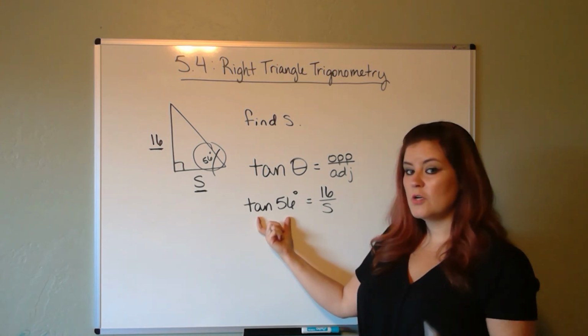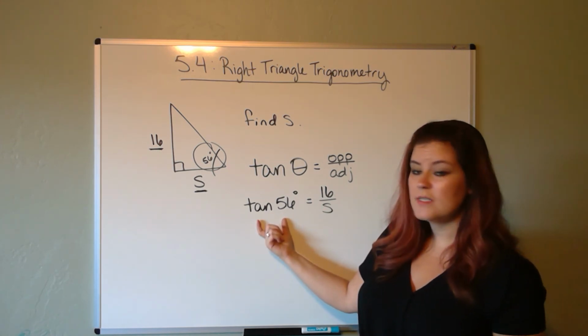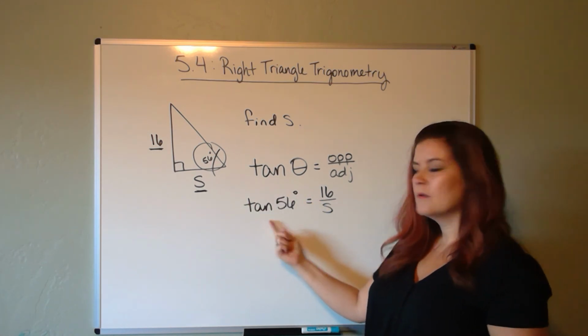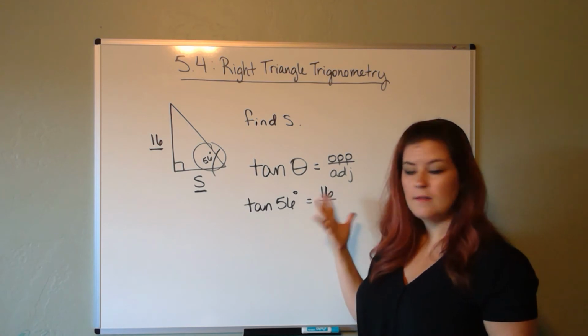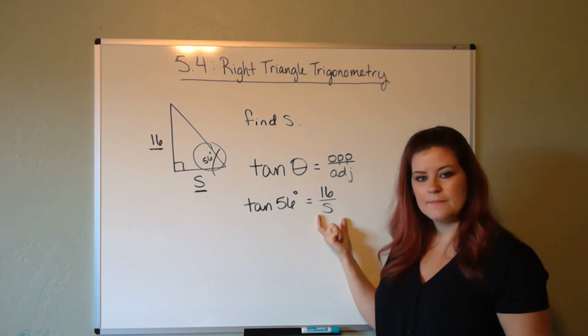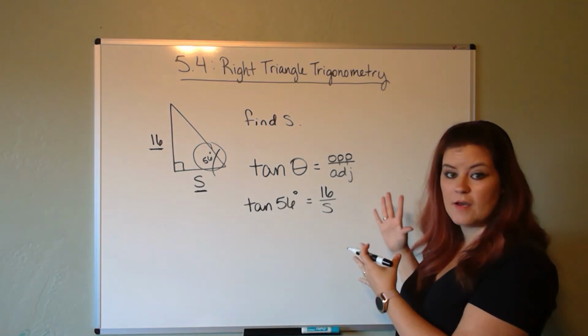While I don't just know the tangent of 56 off the top of my head, my calculator knows it. It is a known value. So you guys, this is known. 16 is 16. All I have to do is find S. How can I isolate this S? Well, I can use algebra, right? The first thing I would do is get it out of the denominator.